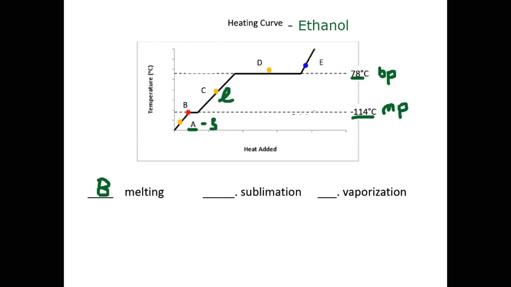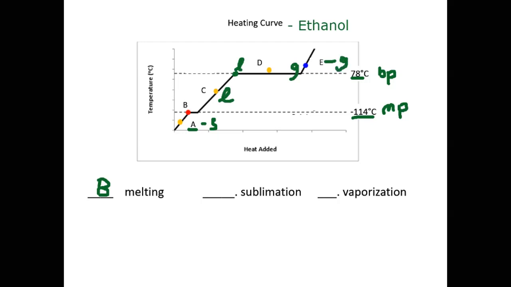Now when we get to the boiling point, all the liquid ethanol gets converted into gaseous ethanol. And so that's referred to as vaporization. So once all the liquid gets vaporized into gas, then as you add more heat, the temperature increases.